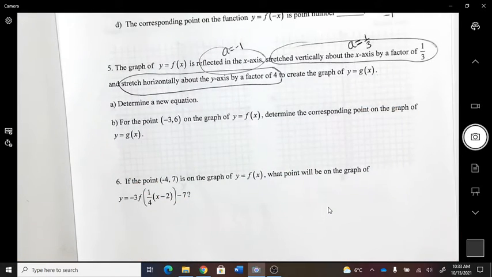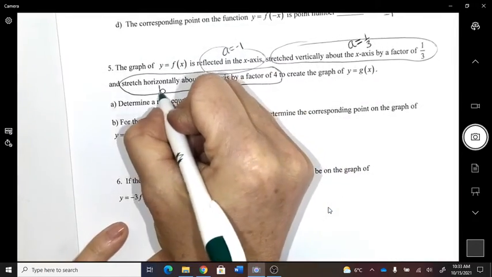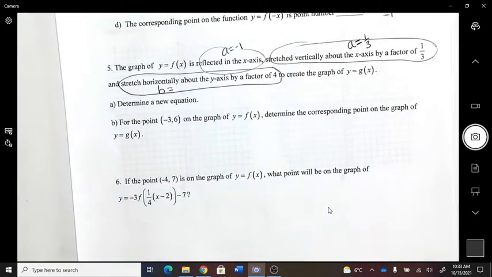Okay, this one's tricky. Horizontally compress or horizontally stretching. Okay, be careful there. What are you going to want your B number? So your options are 4 or 1/4. Which one will physically make it horizontally stretch?